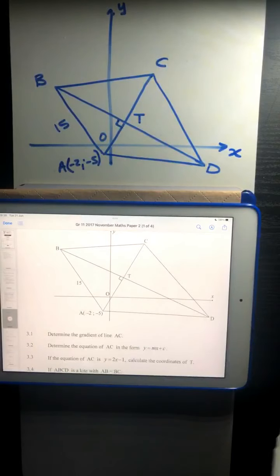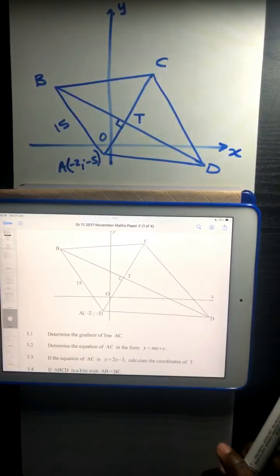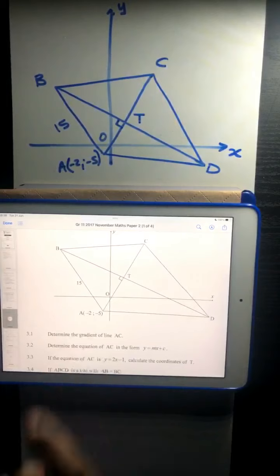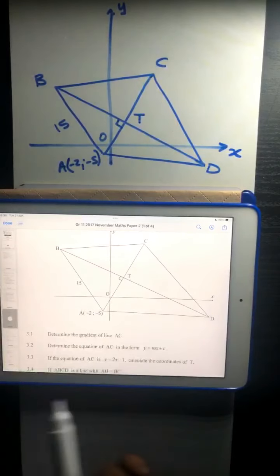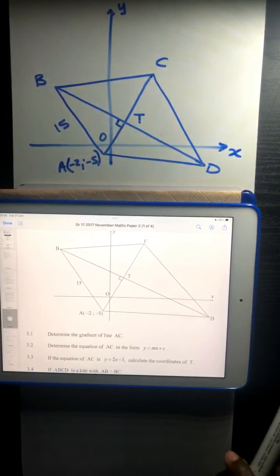In most cases, for you to successfully answer the question, you need to have 2 things. It doesn't matter whether they want you to calculate the distance, the gradient, the midpoint, determine the formula, or whatever. At least 80% of the questions, you might need to have 2 things.